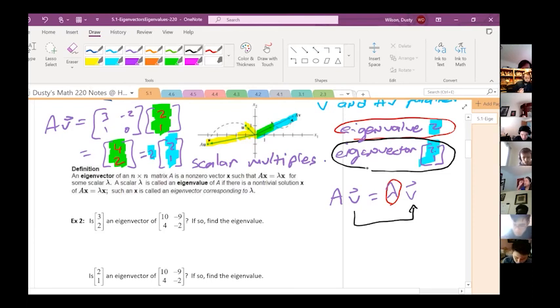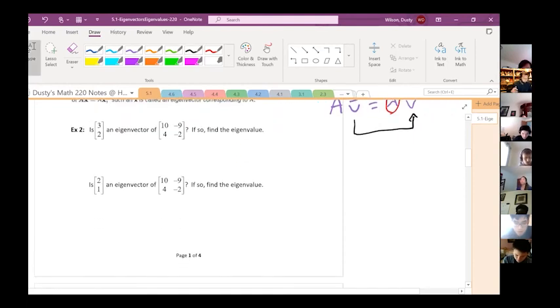So let's play with this a second time in example 2 and see how it all plays out. First, is 3, 2 an eigenvector of this matrix? We could answer this a bunch of ways, but the straightforward way is just to multiply and see what happens.